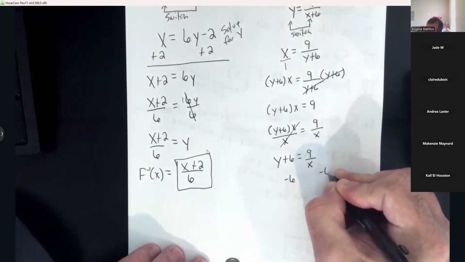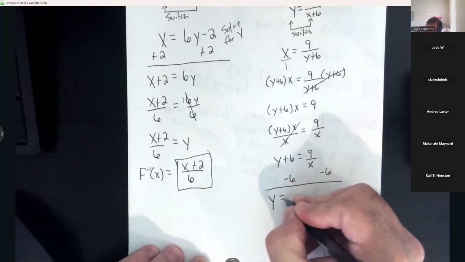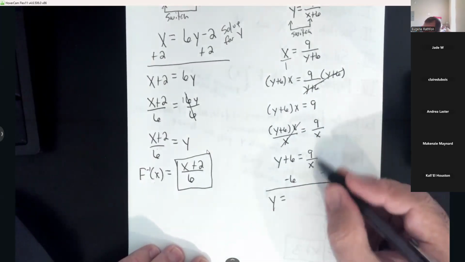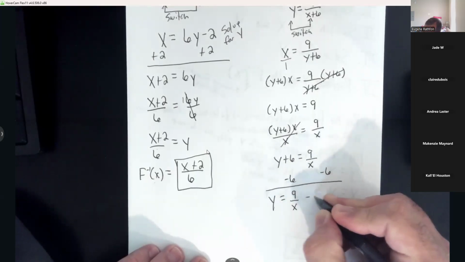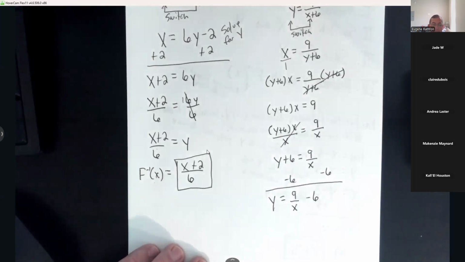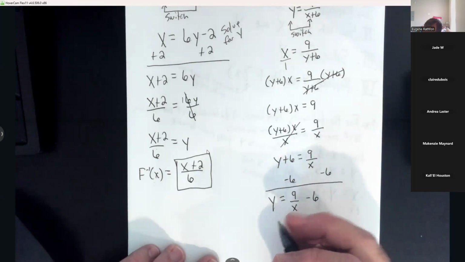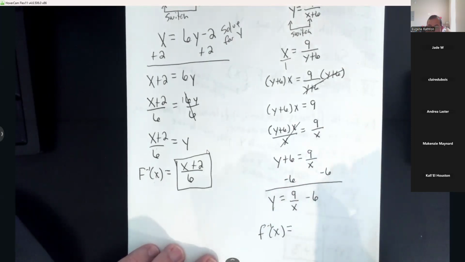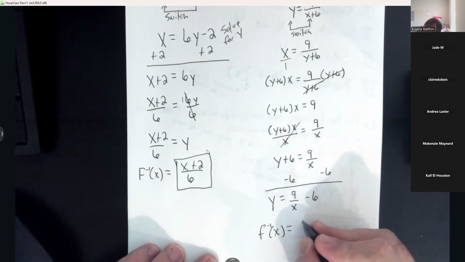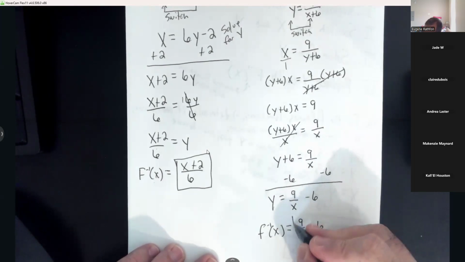All right, y'all, one more step to get to y by itself. Subtract 6 from both sides. That gives me my y. Those 6's cancel. These are not like terms, so I'm just going to keep that at 9 over x minus 6. All right, y'all, my last step was to replace the y with the f inverse of x notation, and that'll equal 9 over x minus 6.